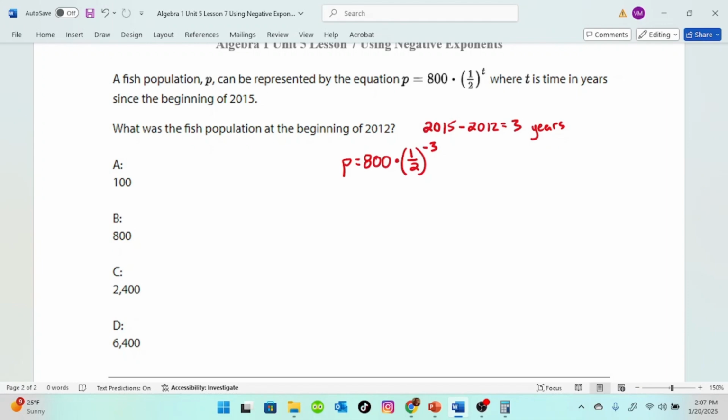So that's 1 over 1/2, which is 2. So we're going to have 800 times 2 to the power of 3. 2 to the power of 3 is 2 times 2, which is 4, times 2, which is 8.